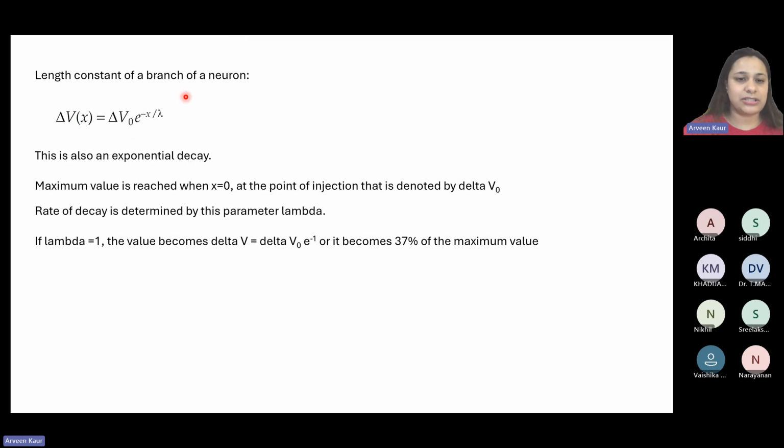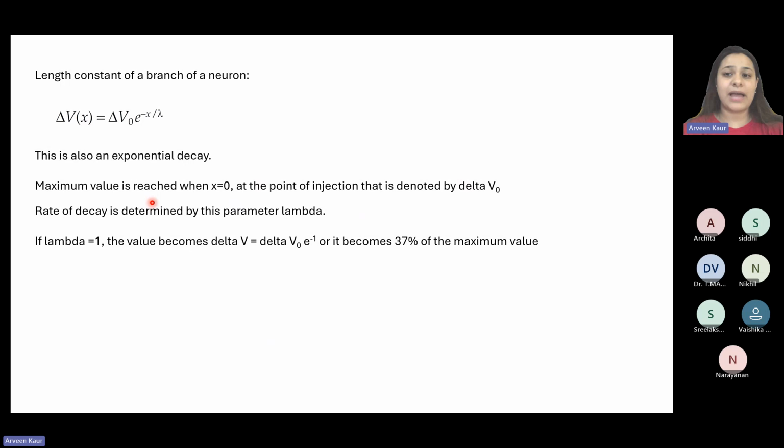So let us talk about this length constant of the branch of the neuron. The equation given is delta V is equal to delta V naught e raised to power minus x by lambda. It is also going to be an exponential decay like we saw in case of time constant. The maximum value over here is reached when x is equal to 0.